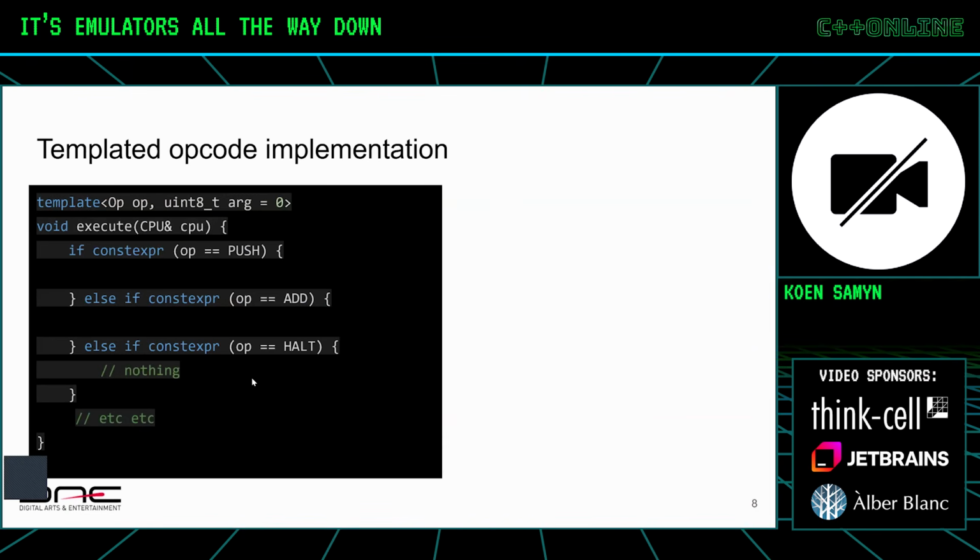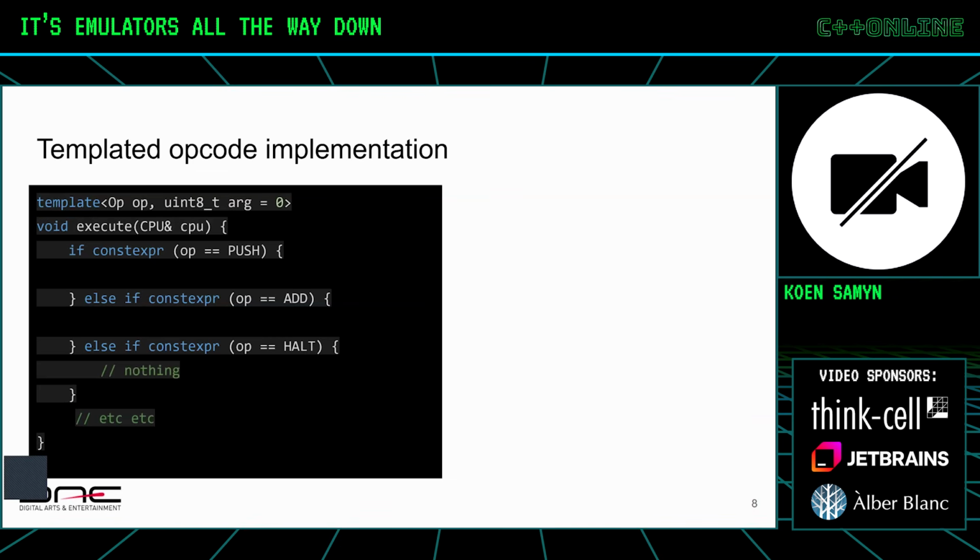And I use a templated function to implement all the opcodes that I have in my system. So it's a template that's templated on the opcode itself and one argument. Again, this is a first approach.